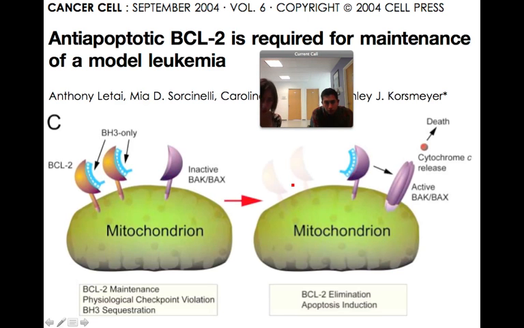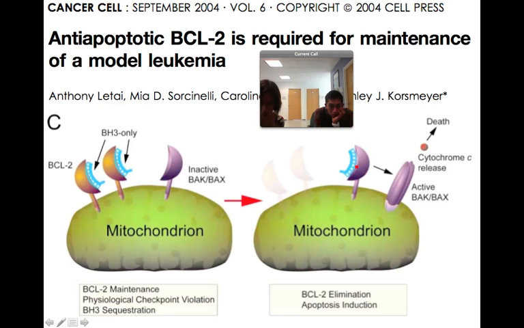You see they have a little shadow there. If you remove the BCL2, so it doesn't have to be entirely gone, but if the BCL2 levels go down, then these BH3-only proteins can bind to BAX and BAK, and that allows them to interact and form a pore.